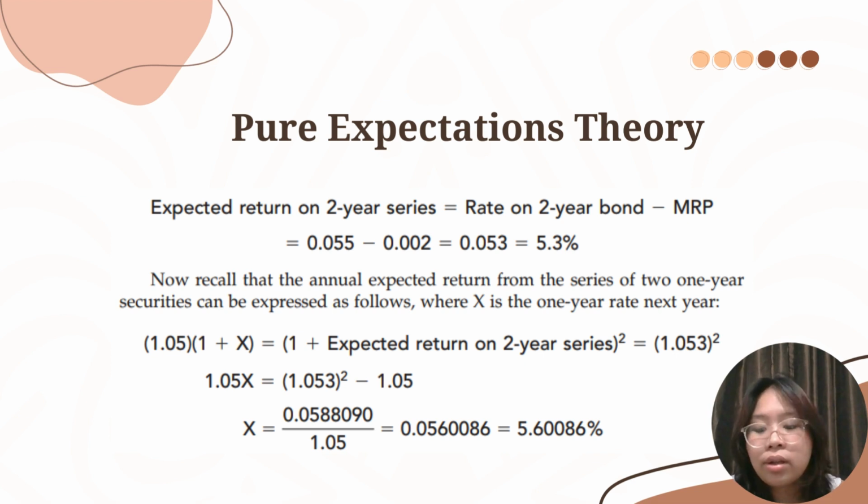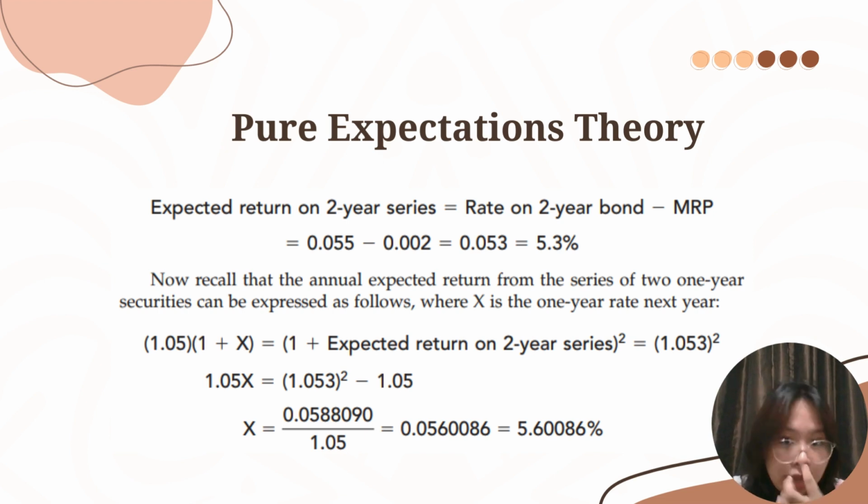The next one is 1.05x is equal to 1.053 raised to 2, minus 1.05, which we got from option two earlier.